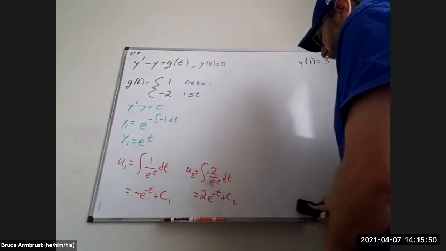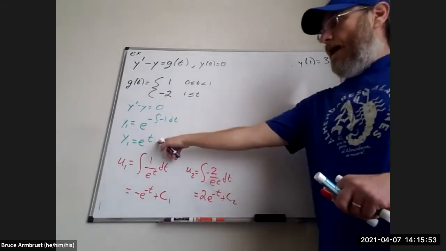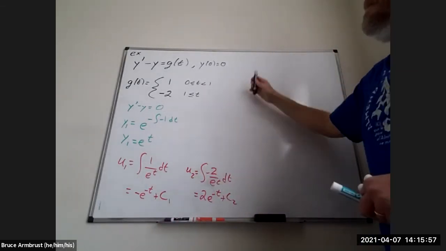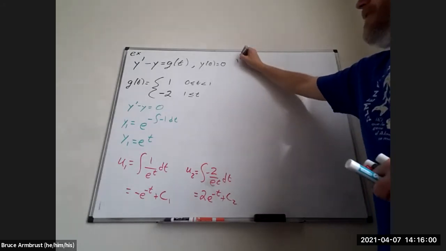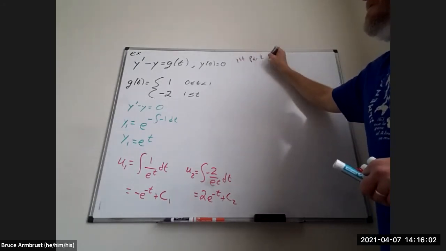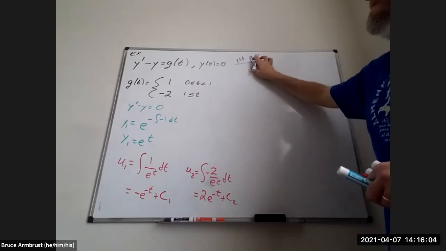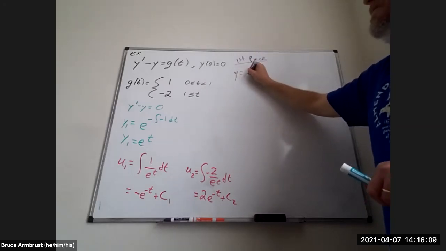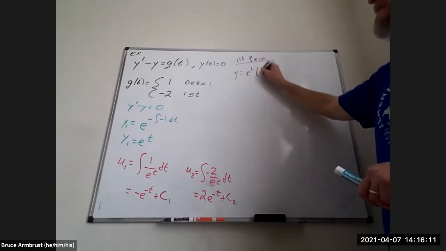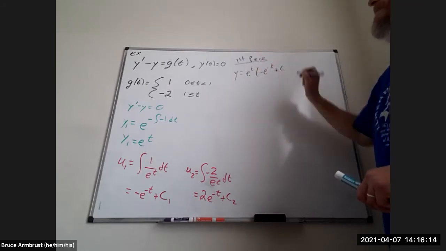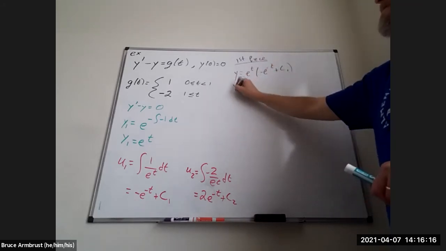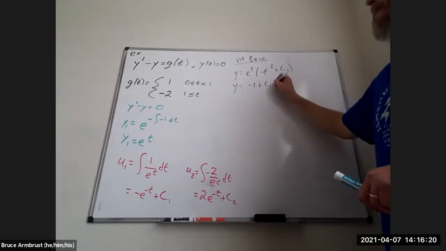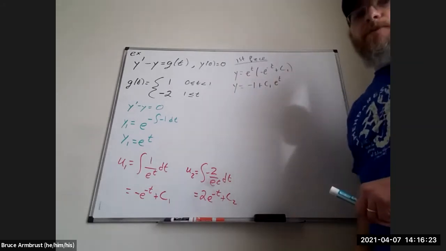All right, well, now that I got my u's, let's get our solutions. So we're going to take a y1, and we're going to multiply it by our u's. This is the first piece, let's say. It's going to be y equals e to the t times minus e to the minus t plus c1. So that's going to be -1 plus c1 e to the t.